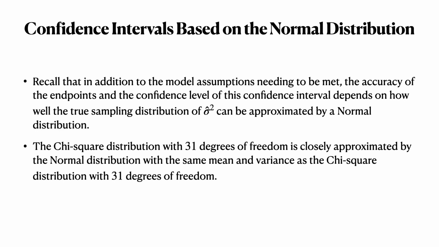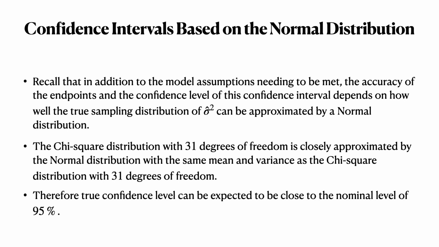And we have found that this distribution is closely approximated by the normal distribution that has the same mean and the same variance as that chi-square distribution with 31 degrees of freedom. Because of this, we can conclude that the true confidence level for the interval based on the normal distribution can be expected to be close to the nominal level of 95%.